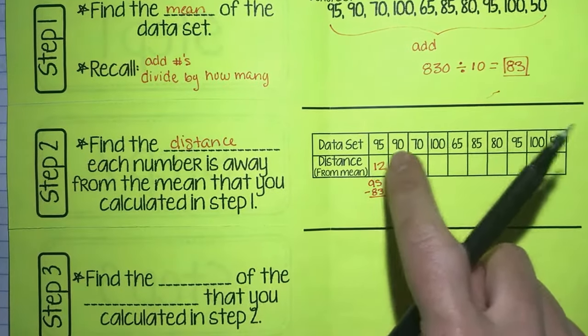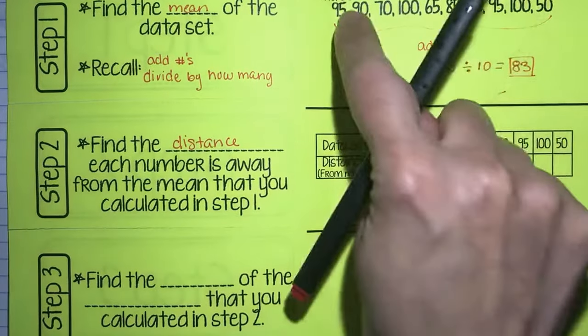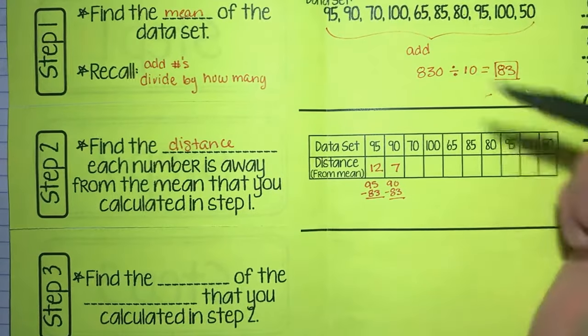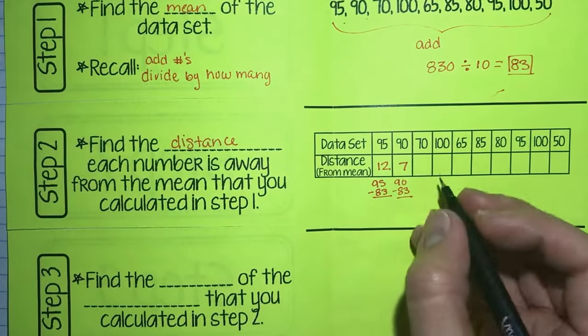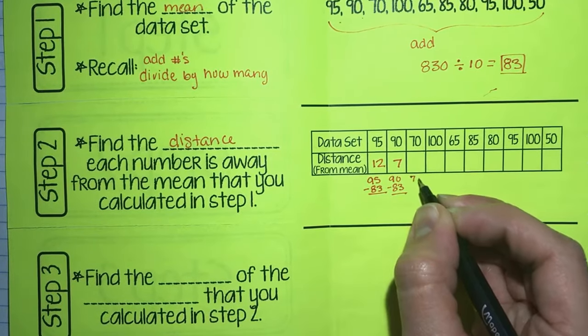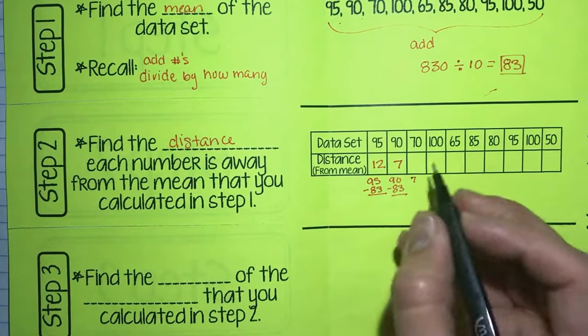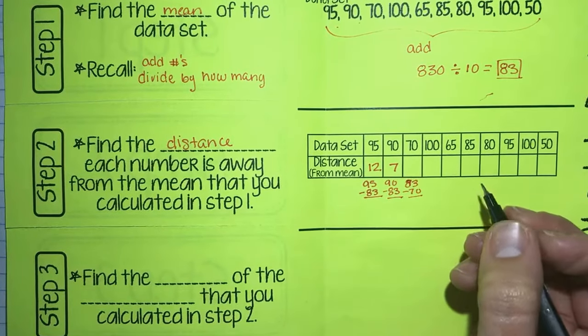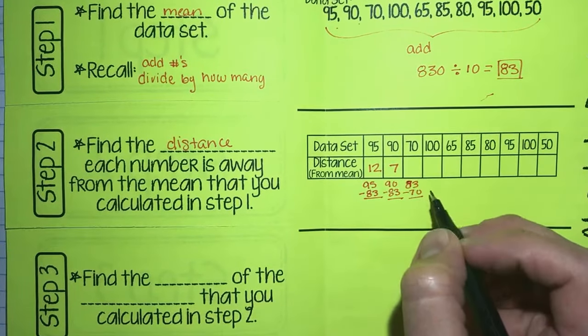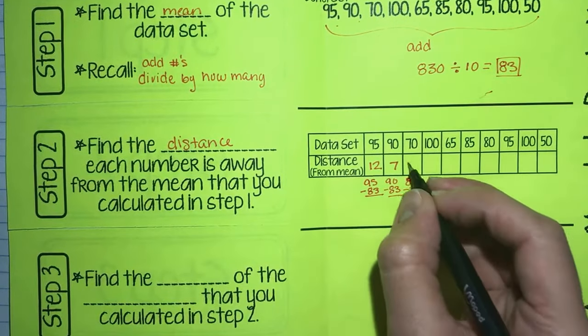So again, I'm taking this list, which is the same list that you had above, and subtracting the 83 from each number. In this case, the 83 is bigger, so I'm going to put it first, minus 70, because I want positive numbers. That's the only reason I'm switching up the order. And you get 13.